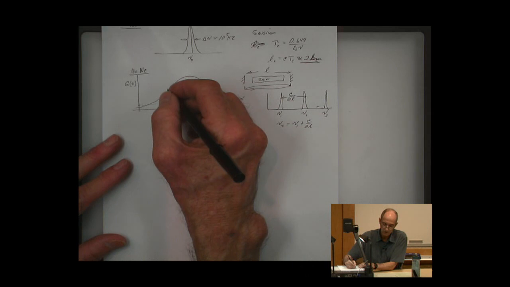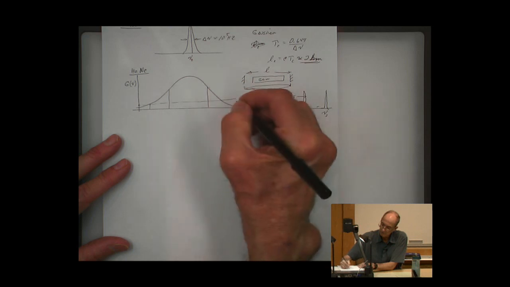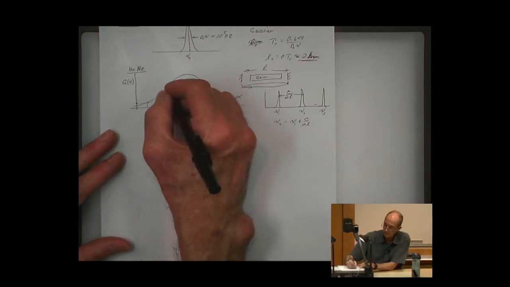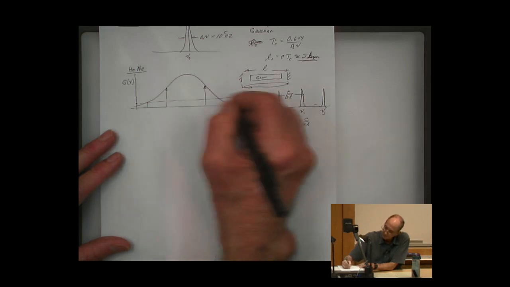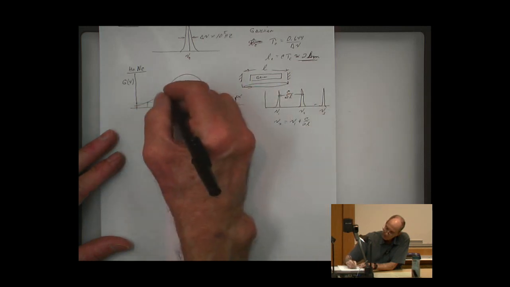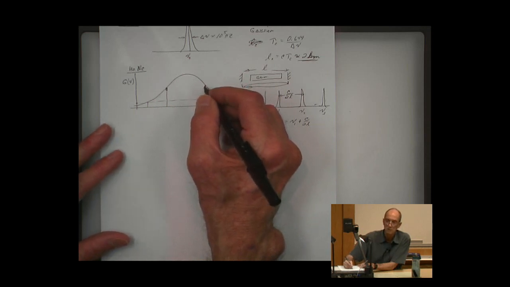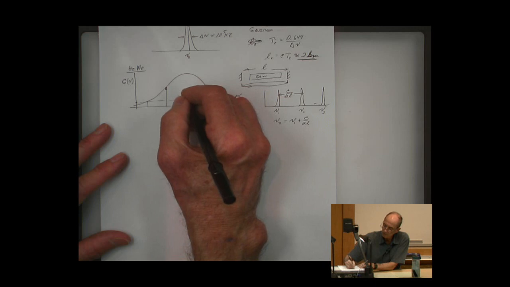And those modes are going to show up as lines in our emission spectrum that comes out of the laser. I didn't draw this quite the way I wanted, but at any rate, there are these different modes, and of course the emission spectrum sets the maximum value for those modes. So we could have something that looks like this, where these two modes are separated by c over 2L.